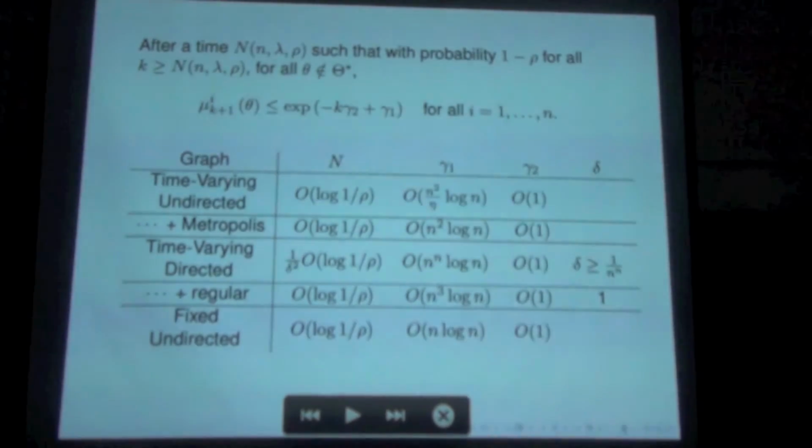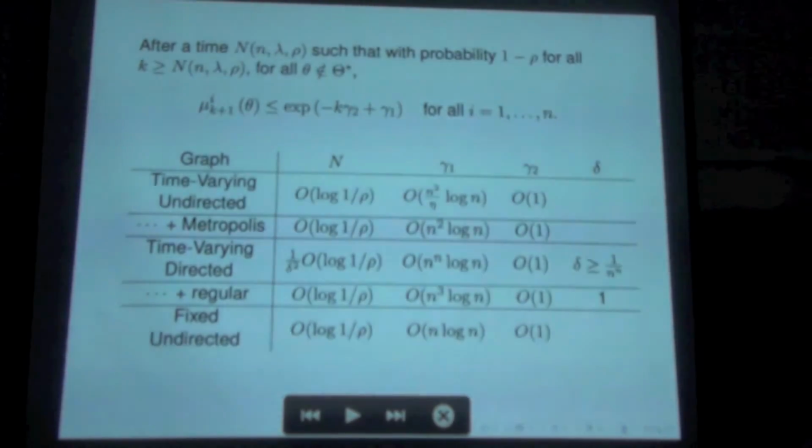If you consider hypothesis testing, you say that after some point the probability that we are going to reject the null hypothesis decays to 0 exponentially fast, yeah. So this is the distributed extension of hypothesis testing.